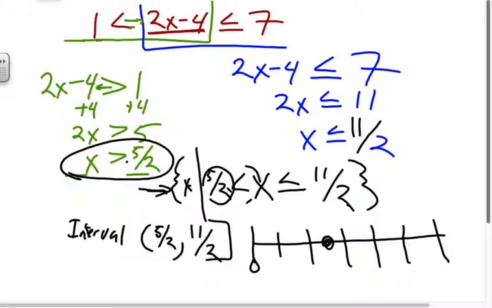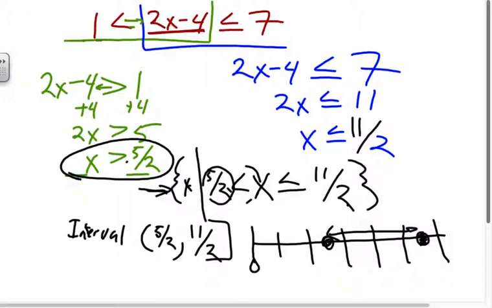And then I go over to 11/2, which is 5.5. And that is going to be a colored in circle because it's equal to. And all values between these two are going to be my solutions. And that's how you solve linears.